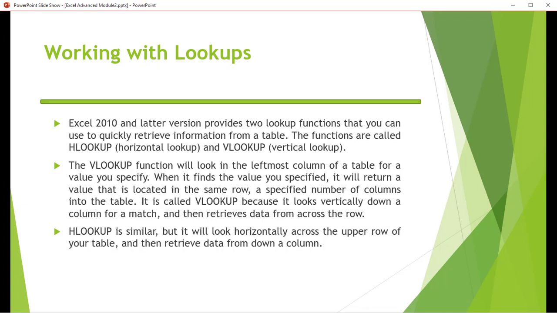It is called VLOOKUP because it looks vertically down a column for a match and then retrieves the data from across the row. However, HLOOKUP is similar, but it looks horizontally across the upper row of the table and then retrieves data from down.